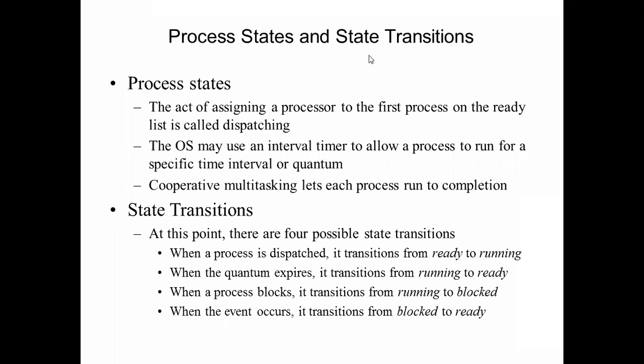The act of assigning a processor to the first process on the ready list is called dispatching. We are aware of this word: to dispatch any element or any new item.